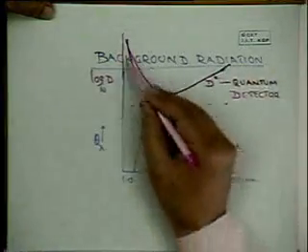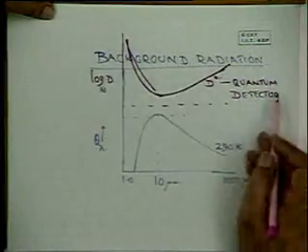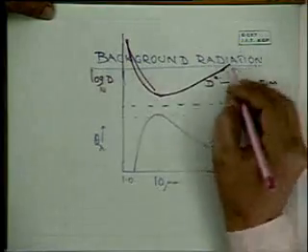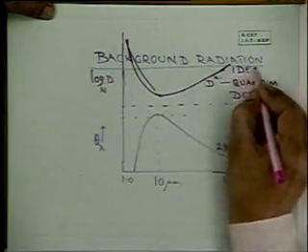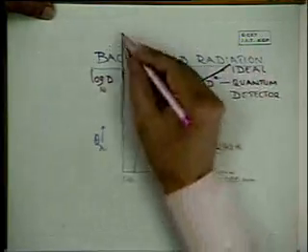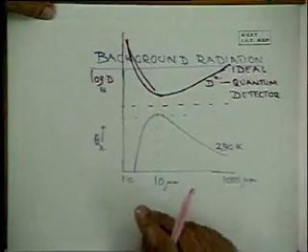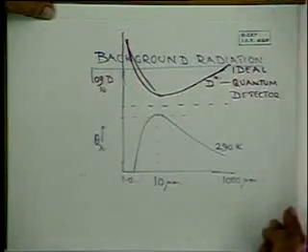So this is the limit of detectivity of quantum detectors. We cannot exceed, even for an ideal detector, the detectivity given by this graph.